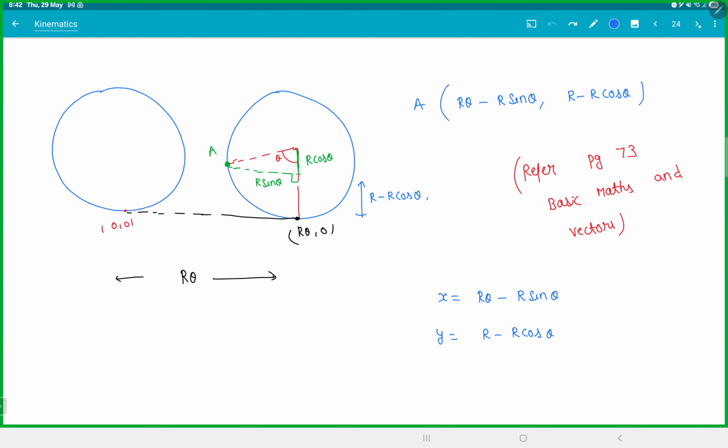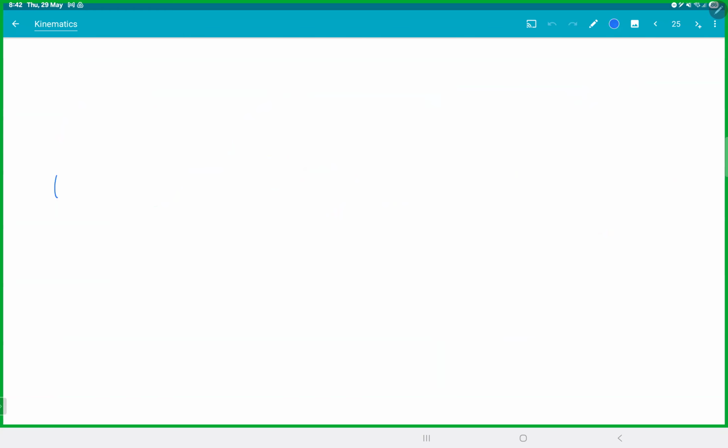In case you forgot how we derived it, let me just show you that also. If you have a curve like this and you're trying to find the distance, let's take it as ds. So this can be treated as dx and dy. This small arc, if I magnify it, looks like a straight line. So ds is so small, you can treat it like a straight line. Ds is a small part of a curve.